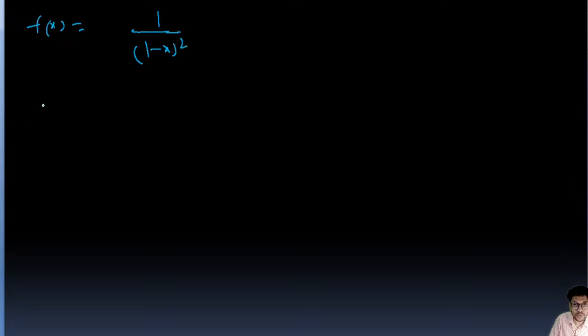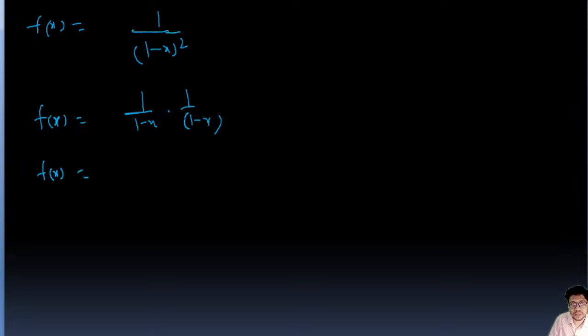Then f(x) we can write as 1 upon 1 minus x into 1 upon 1 minus x. Okay, so then the value of f(x) is going to be this.